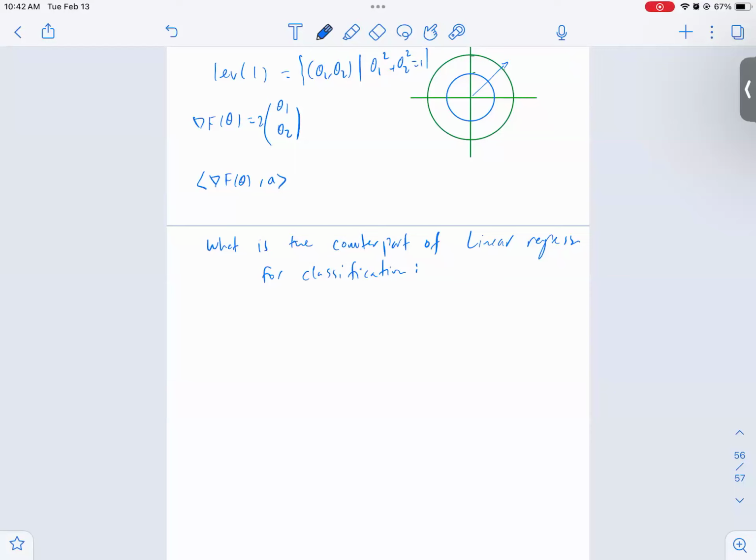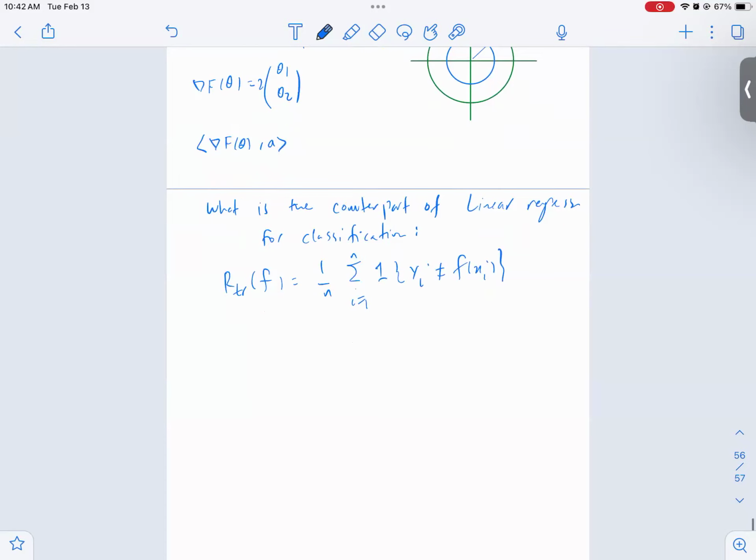The issue with classification is that it's twofold. If I, for example, start from the empirical loss or training loss, imagine I have 1 over n summation i from 1 to n, it would be the 0-1 loss.